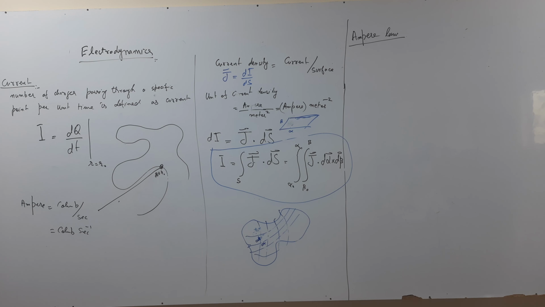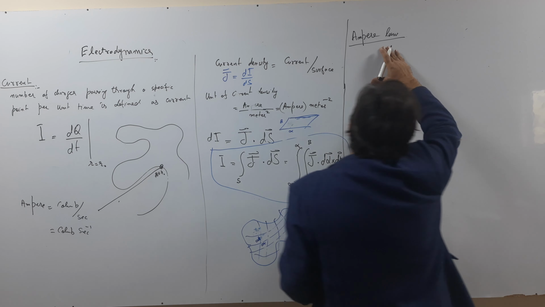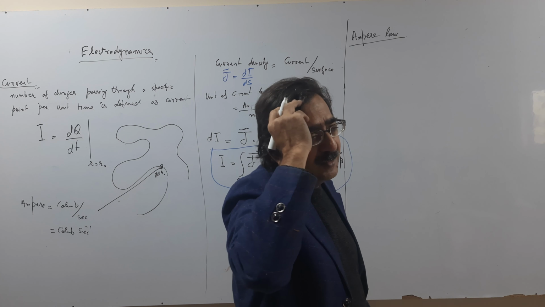Biot-Savart law itself tells what the shape of the magnetic field will be and what the result is. But for Ampere's law, we have to already be familiar with what type of magnetic field will be produced, and we have to consider that magnetic field along the path. That is simple, and your course is related to computer science, so we are trying to avoid heavy integrations. So we will start from Ampere's law. We are not discussing Biot-Savart.